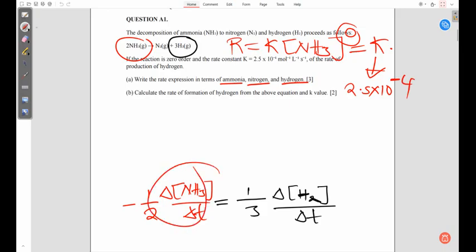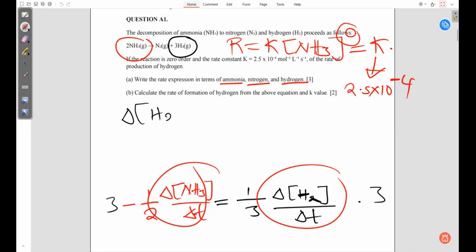Now in this case, we want to find the rate of this one. That's what we're interested in. So let's make that the subject. If we make this one the subject, we'd have to multiply both sides by 3. We'll end up with the change in concentration of hydrogen divided by the change in time, which is equivalent to the rate in terms of hydrogen.